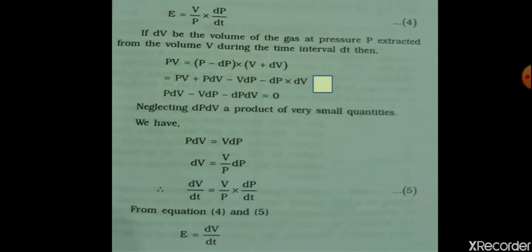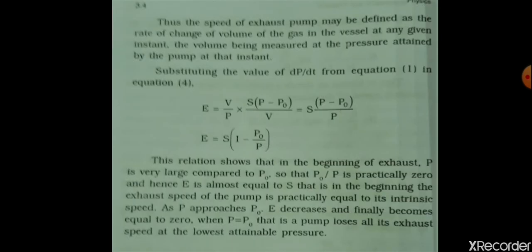Let's call this equation 5. From equations 4 and 5, we can write E is equal to dV by dt. Thus, the speed of the exhaust pump may be defined as the rate of change of volume of a gas in the vessel at any given instant, the volume being measured at the pressure attained by the pump at that instant.